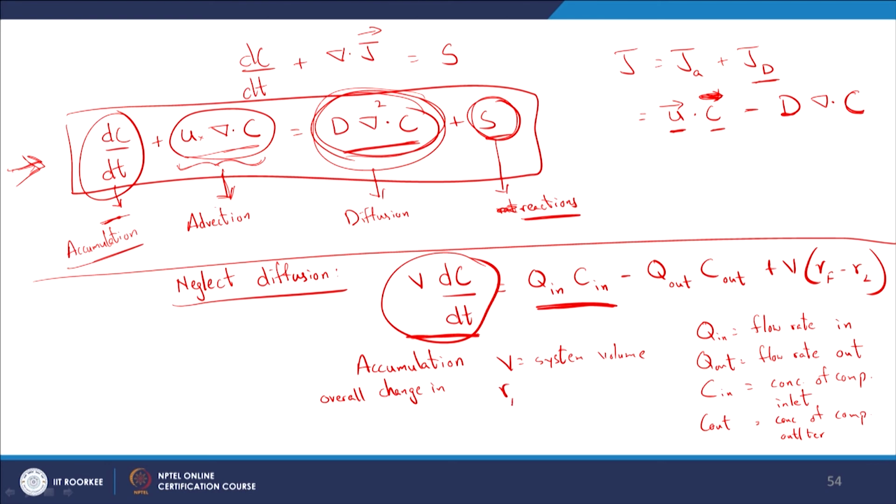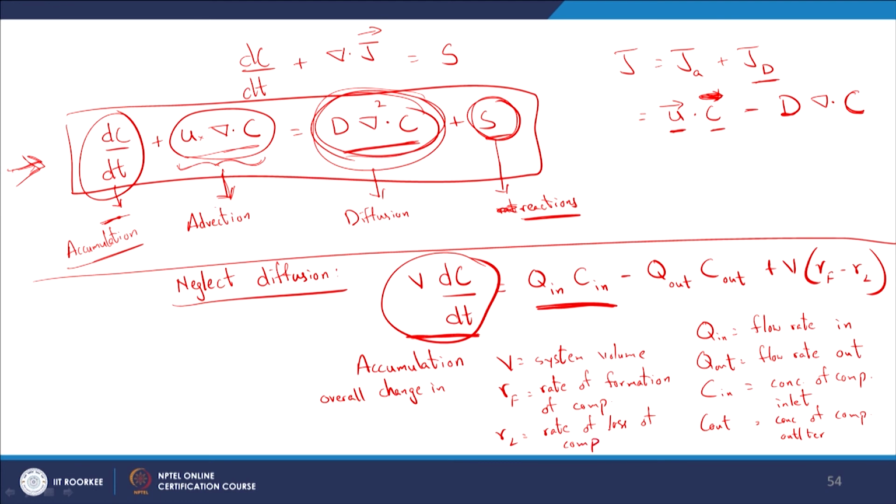RF equal to your rate of formation of your compound, RL equal to rate of loss of compound, right.